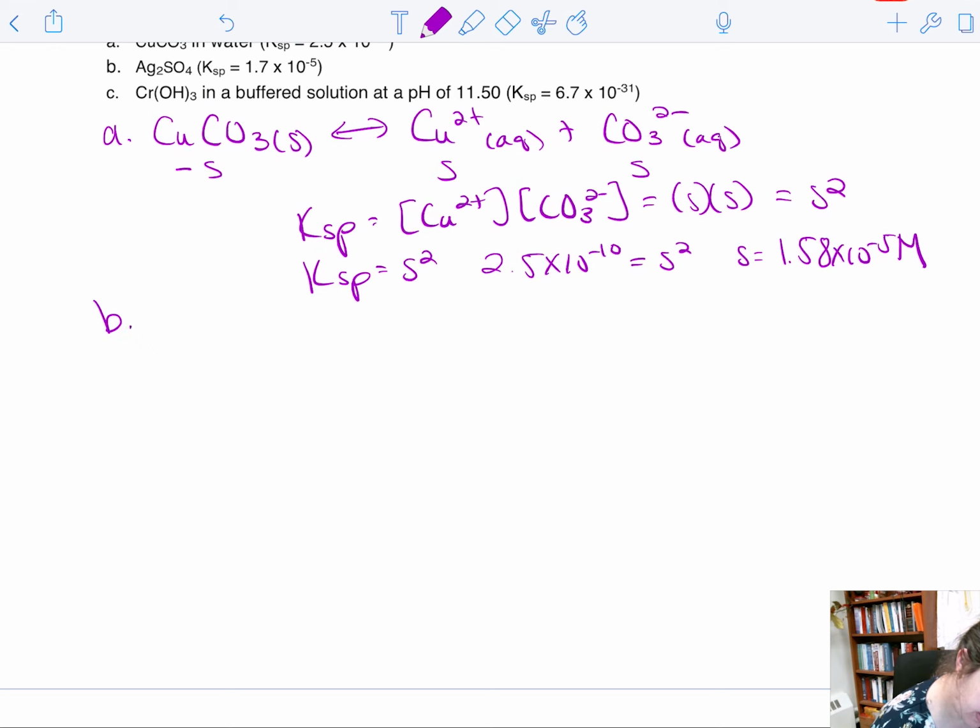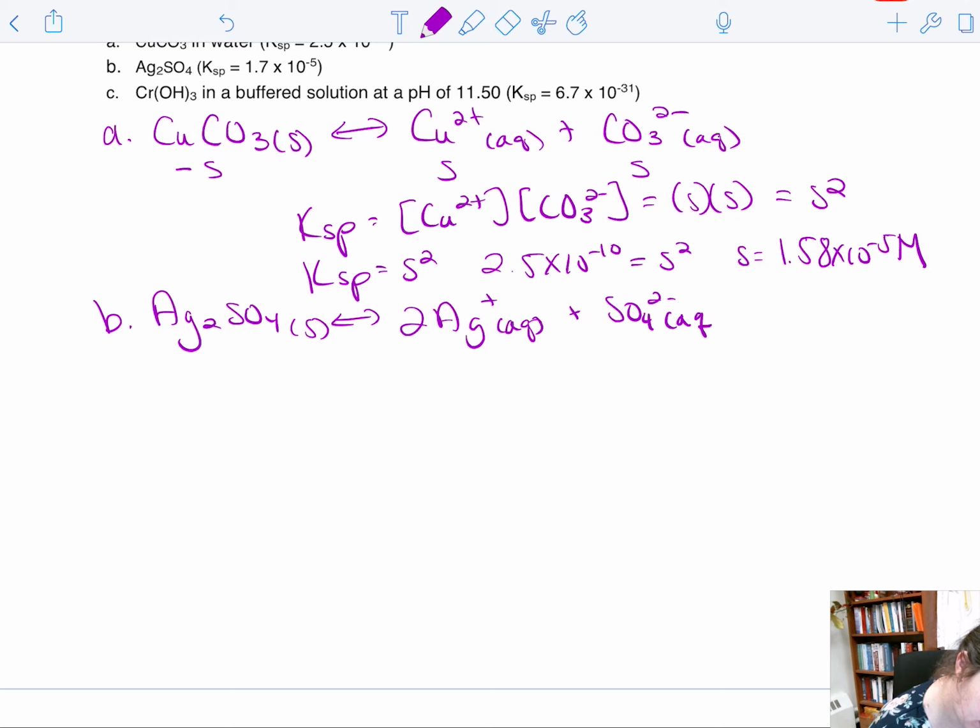Same idea for the next one. We have silver sulfate. When it dissolves, we produce 2 silver ions and 1 sulfate ion. So this would be 2S here, S here.